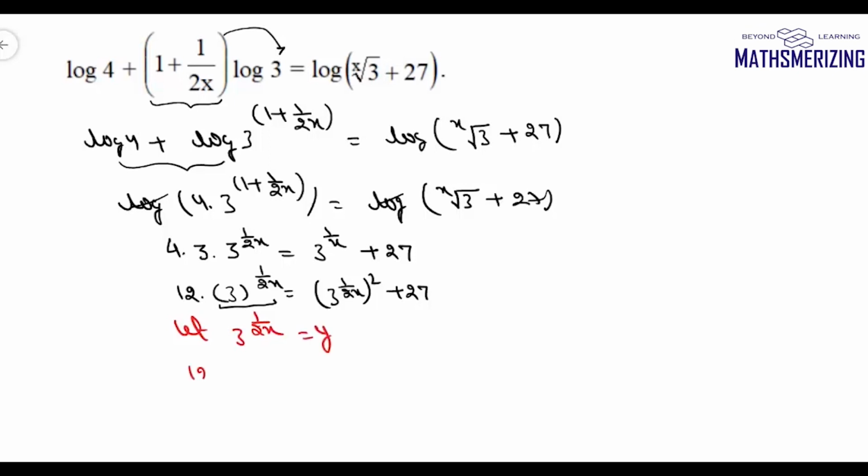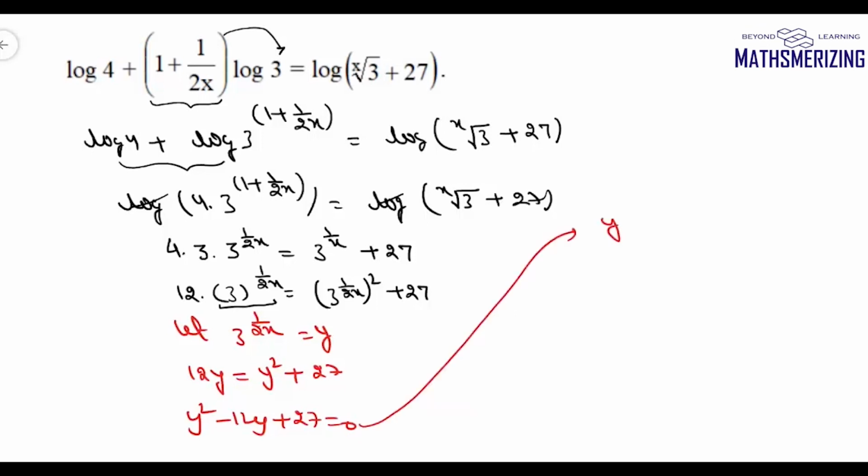So I can write it as 12y equals y square plus 27. So it will be y square minus 12y plus 27 equals 0. I can factorize it as y minus 3, y minus 9 equals to 0. So that is value of y is either 3 or value of y is 9.